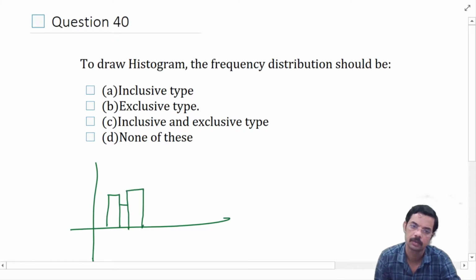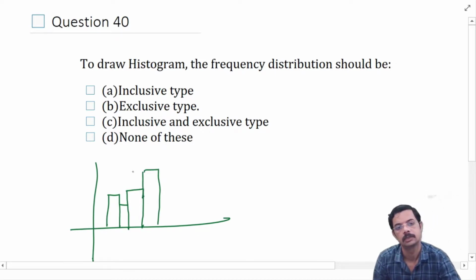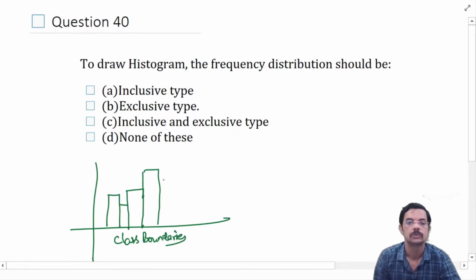The bars are of equal or unequal sizes, and this is how it is drawn. So we have class boundaries here. We need to convert them to exclusive type. Only then can we draw a histogram.